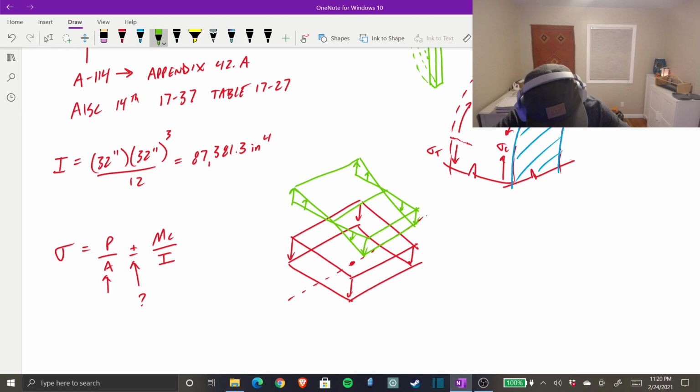So in our case, the eccentricity was on this side. So in this case, you're getting additional compressive stresses on the, we go blue, on this face of your column, extreme fiber, like we talked about.